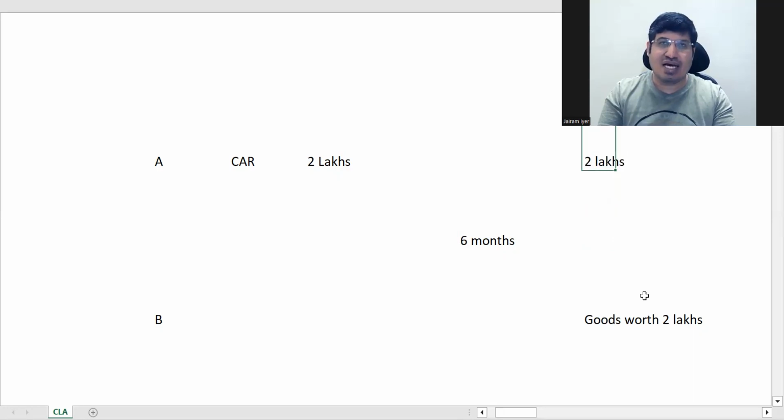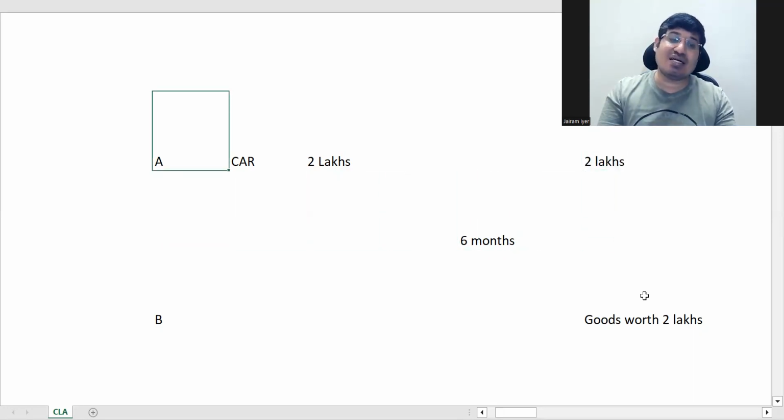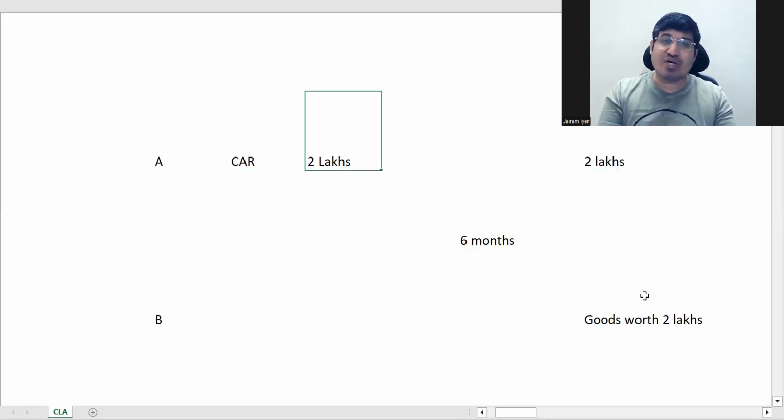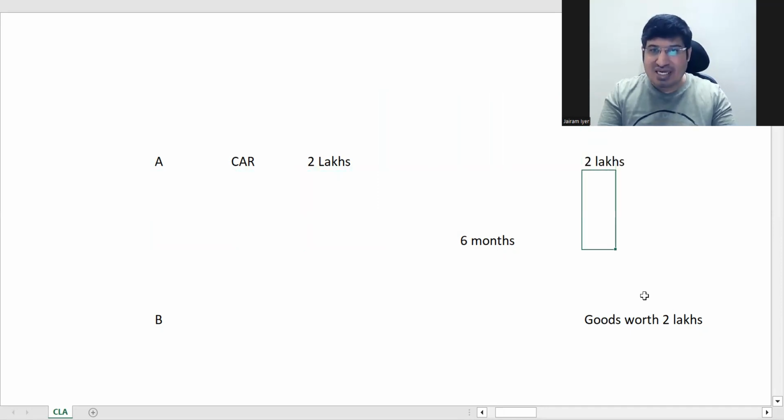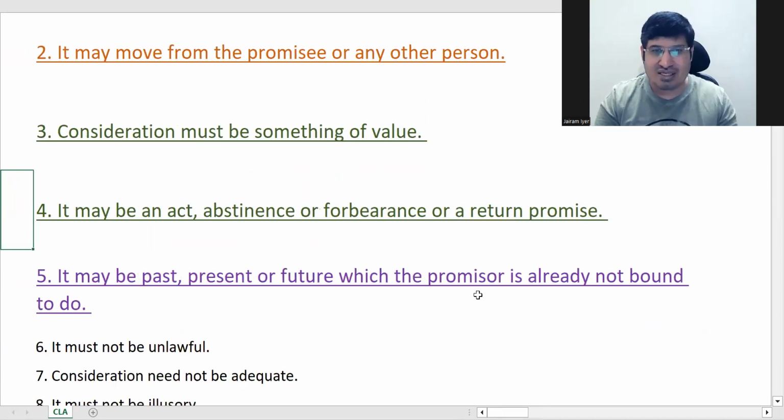Actually, this 2 lakhs is for his earlier transaction of the car, but he is showing as if he is giving it now. So for this point, they are saying consideration should not be what the other person is already bound to give. That's why they are saying it may be past, present, or future, which the promisor is not already bound to do.